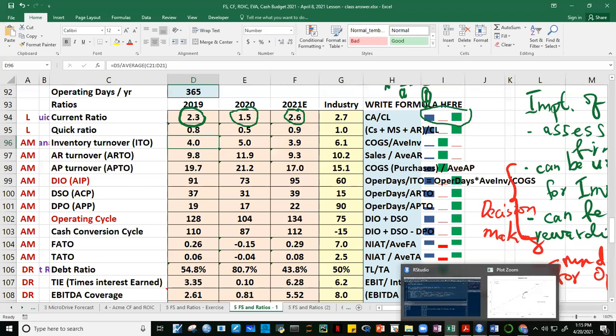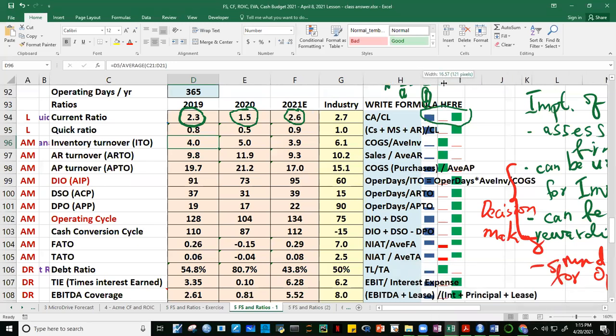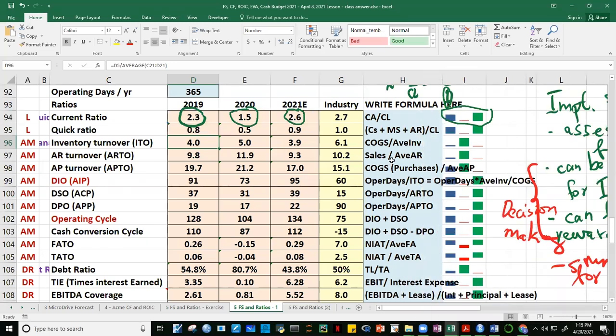So what's inventory turnover? Okay, first and foremost, the formula for inventory turnover is the cost of goods sold over the average inventory.